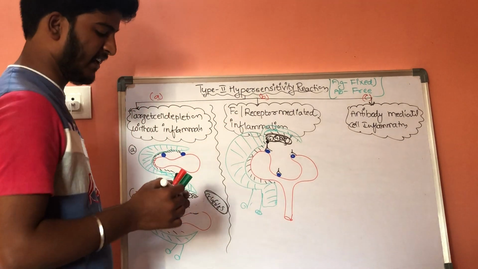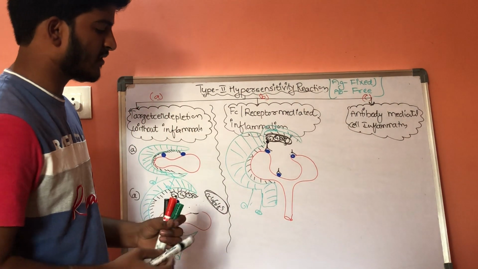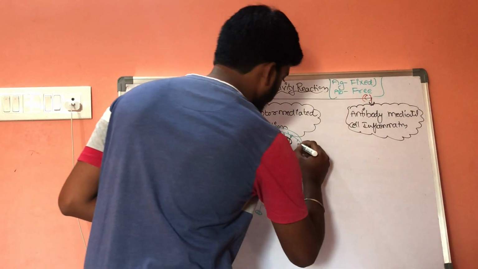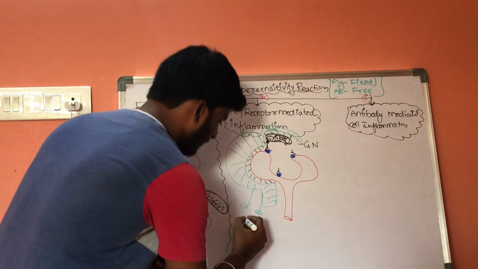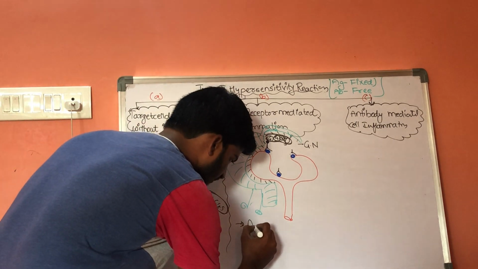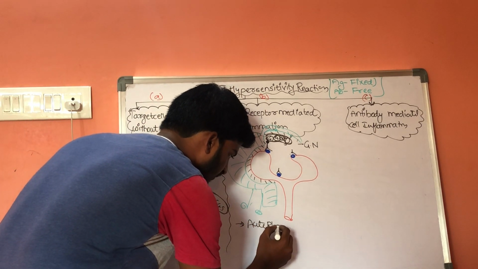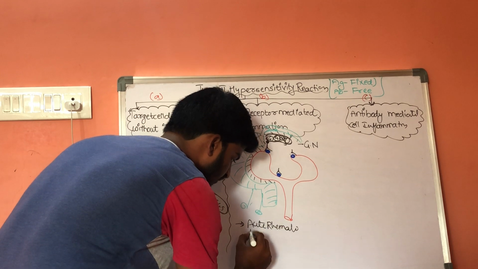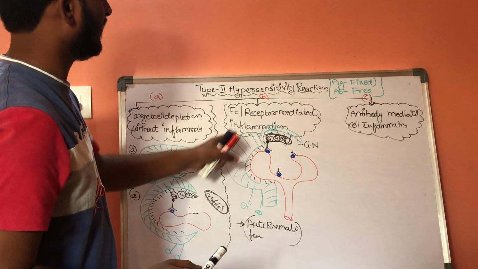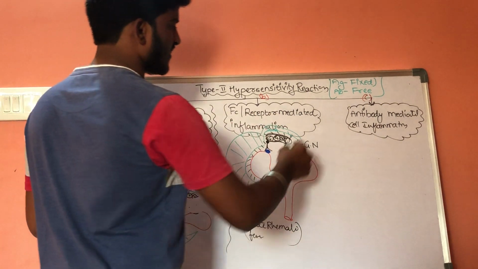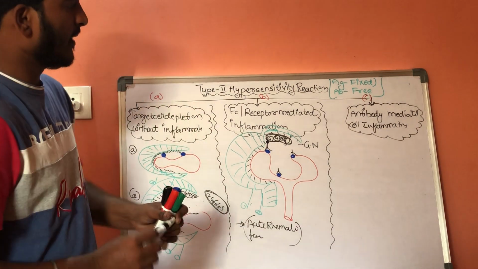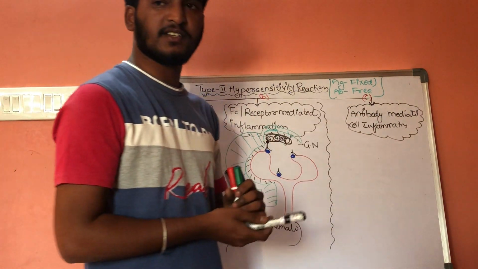This is the receptor mediated inflammation process, and this is one example, that is glomerular nephritis. Another example is acute rheumatic fever. So this is the second type, receptor mediated inflammation, that is discussed under hypersensitivity type 2.